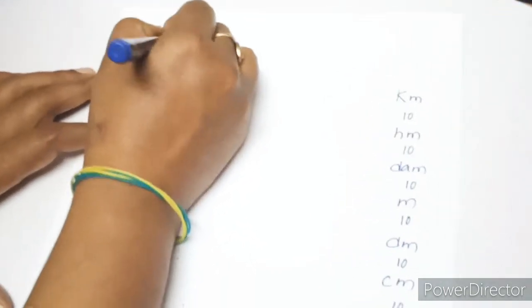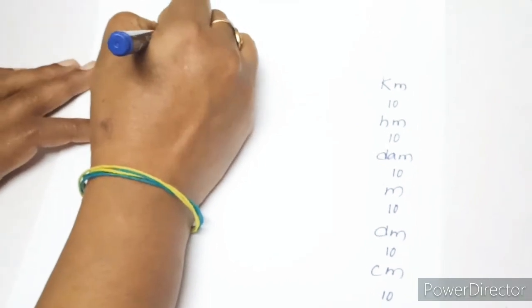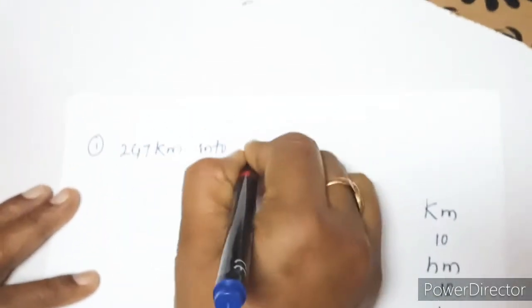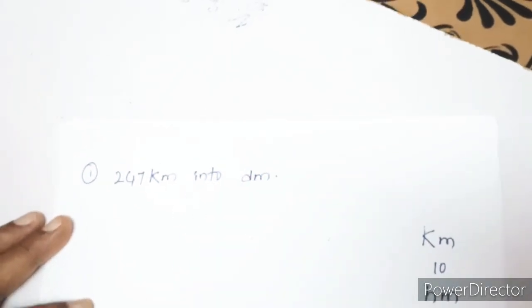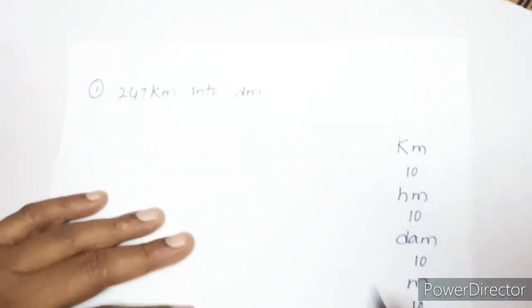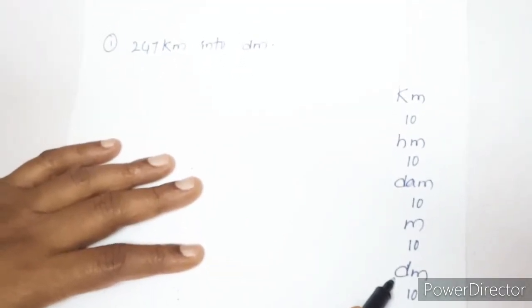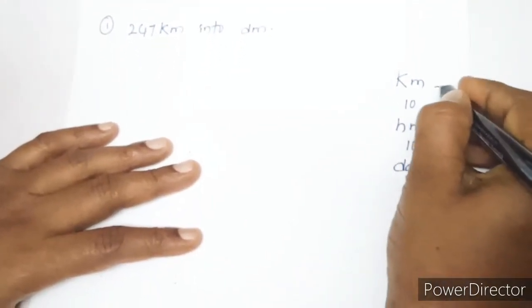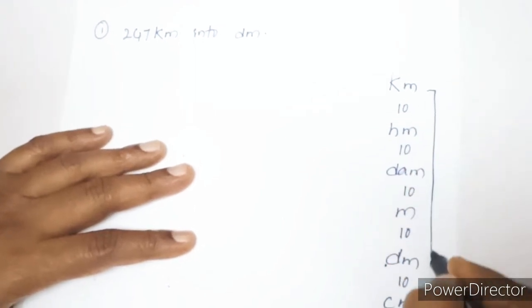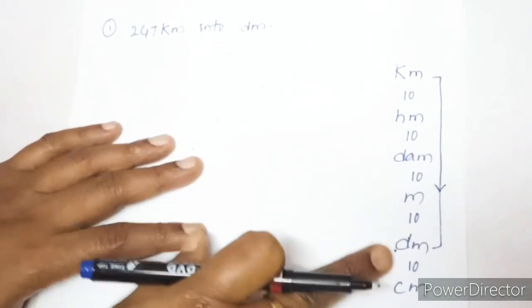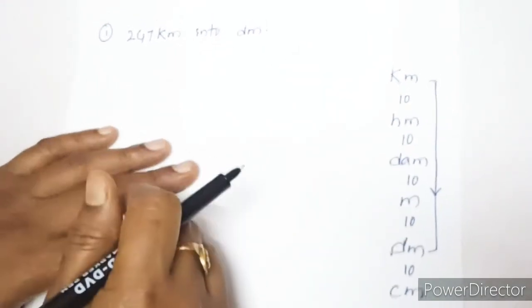So for example, the question is convert 247 kilometers into decimeters. Now where is kilometer? This is kilometer. You need to convert to decimeter. So you are coming down like this. As I told you, when you are moving down, you need to multiply.